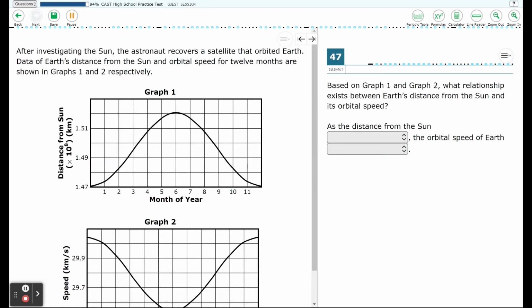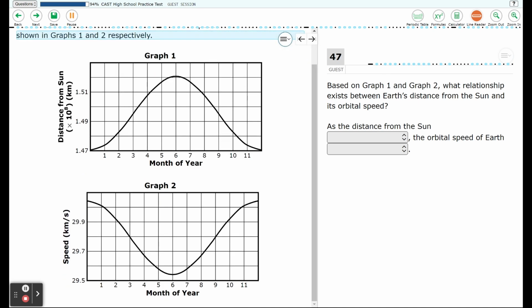Moving on to question 47. After investigating the sun, the astronaut recovers a satellite that orbited Earth. Data of Earth's distance from the sun and orbital speed for 12 months are shown in graphs 1 and 2 respectively. All right, we see distance from the sun here, and we see the speed of Earth's orbit here.